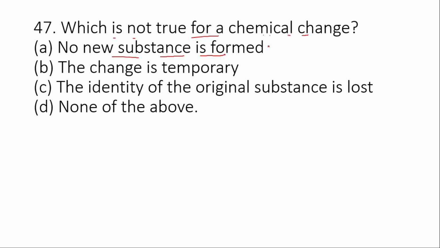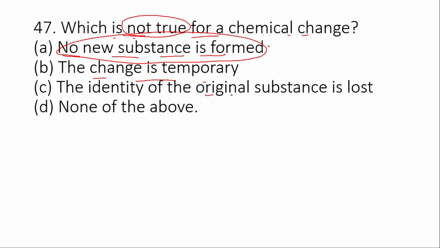Because in a chemical change a new substance is formed, and they have asked which is not true, and we know that this is not true, right? So that means the correct option will be this. Let's see the other also. The change is temporary, yes, you can say the change is temporary because we can reverse the reaction, right?